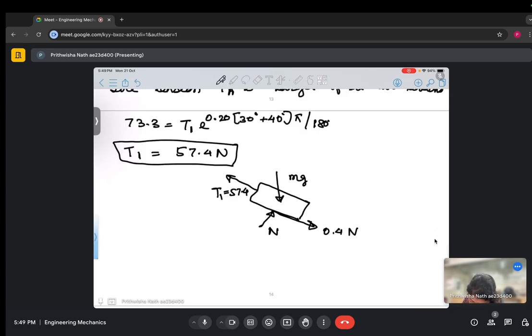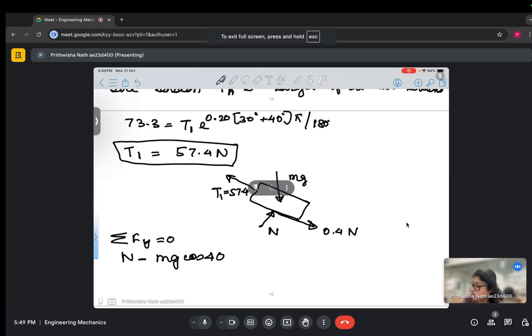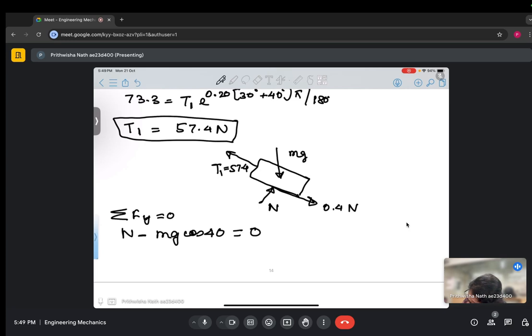So now if we write summation of Fy equals 0, we can write N minus mg cos 40. That's it, there are no other forces in the y direction, so equal to 0, N equals mg cos 40°.